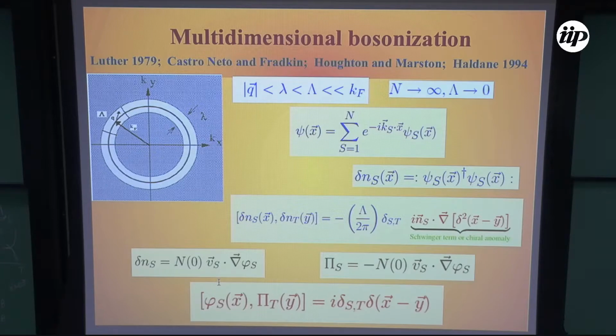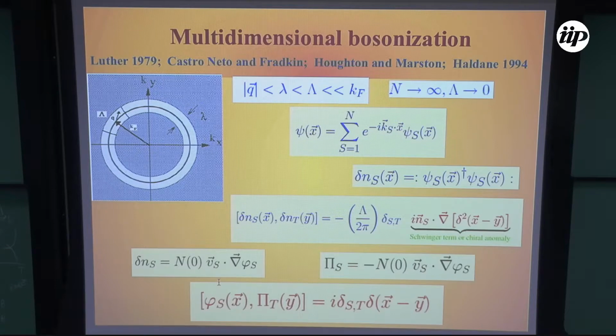This technique doesn't work if you have vertices, because the density of states at a vertex is not well defined. So you need to begin with a smooth Fermi surface, any form.